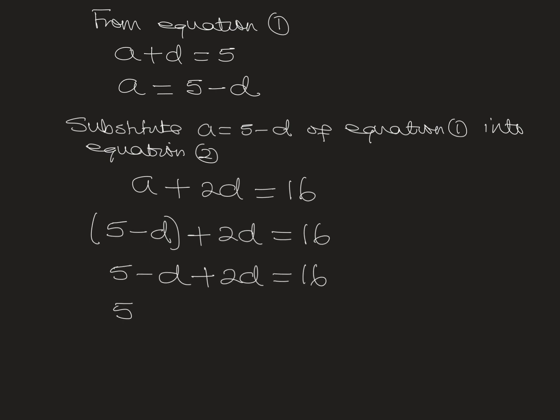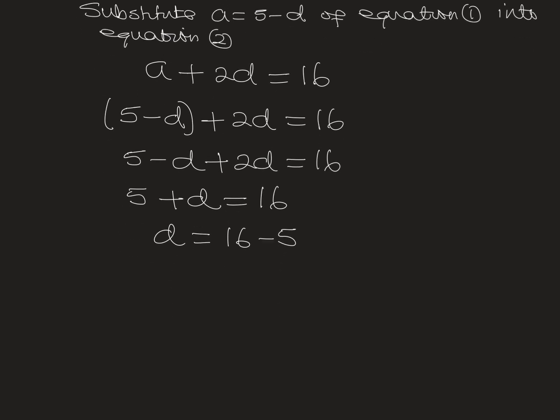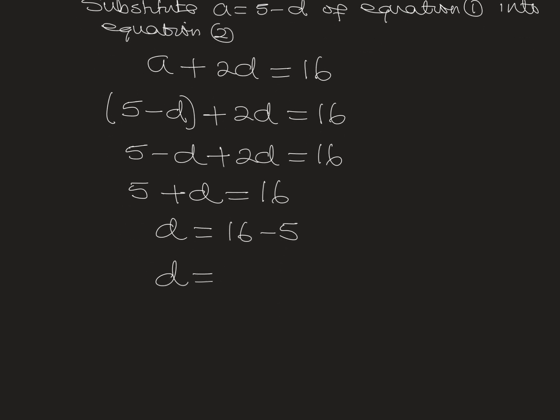5 minus D plus 2D is just 5 plus D. This is equal to 16. So D is equal to 16 minus 5, and therefore D is equal to 11. So the common difference is 11.